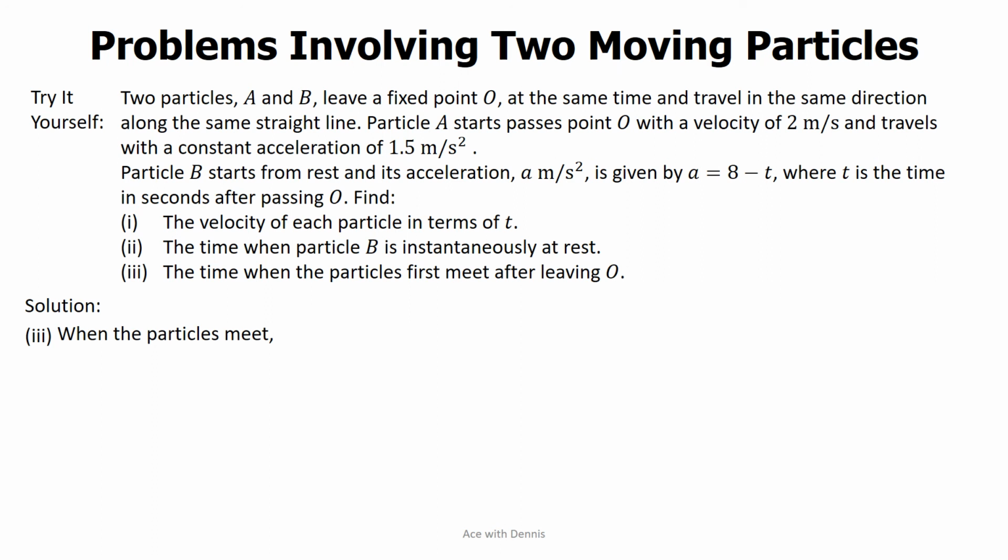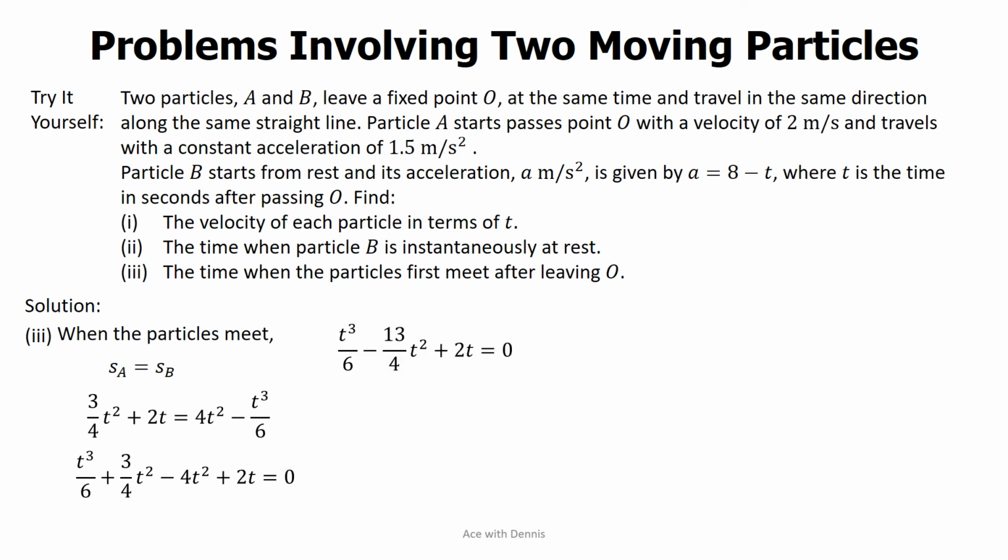When the particles meet, SA equals SB, which means that 3 over 4 t squared plus 2t equals 4t squared minus t cubed over 6. Now we can start to solve this equation. I want to make the t cubed positive, so it becomes t cubed over 6 plus 3 over 4 t squared minus 4t squared plus 2t equals 0.